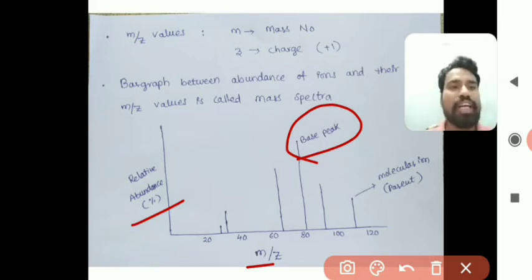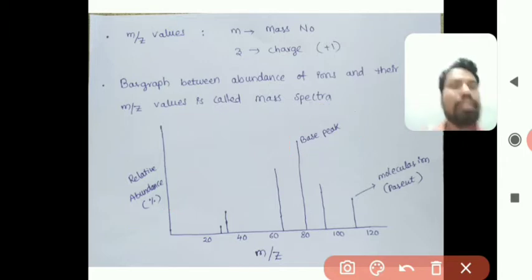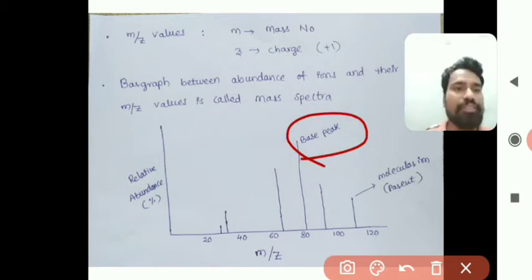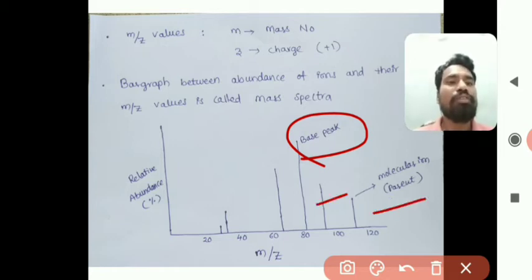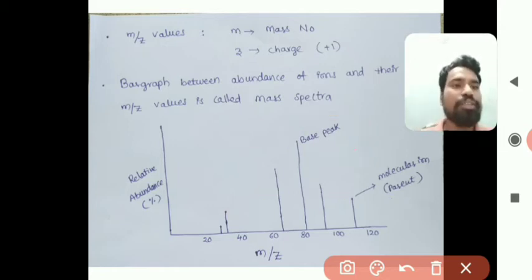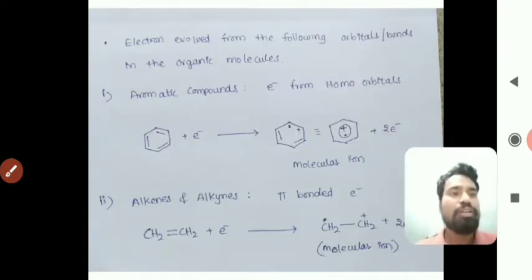This is one characteristic peak of a particular compound, which we will discuss later with examples. The most stable cation has a very high peak, and based on the relative stability of other cations, the peaks of other cations would be there. This is the representation of a bar graph, nothing but a mass spectrum.